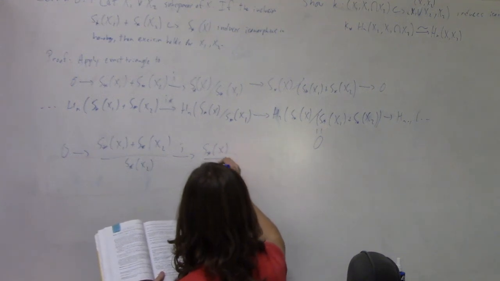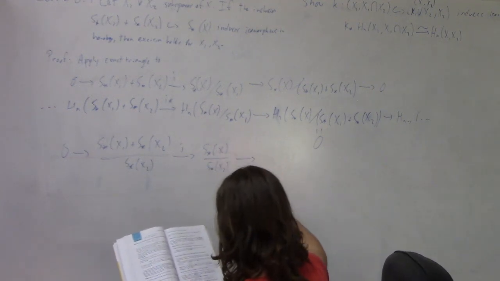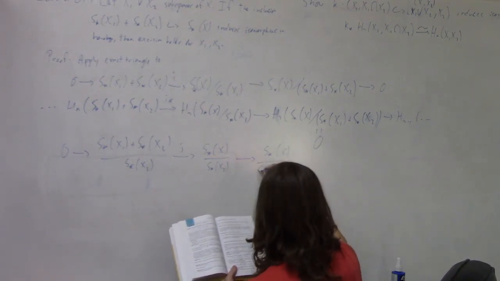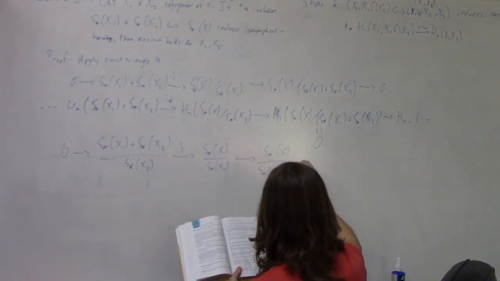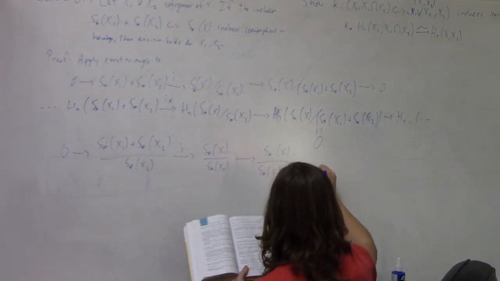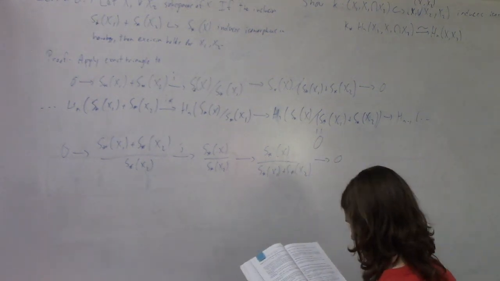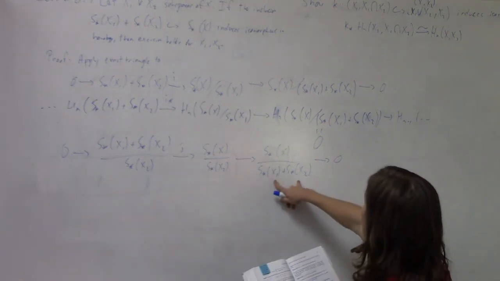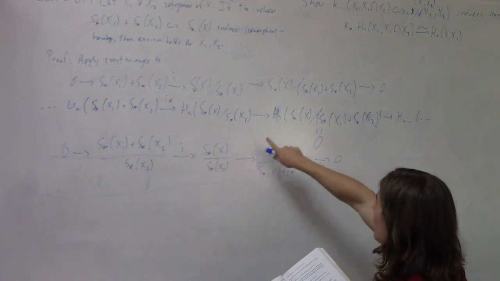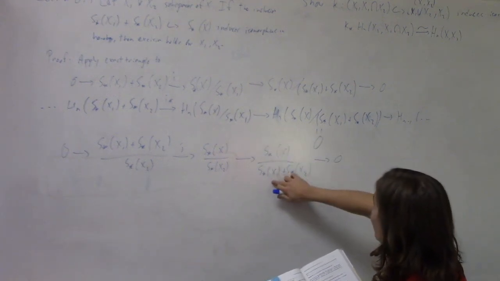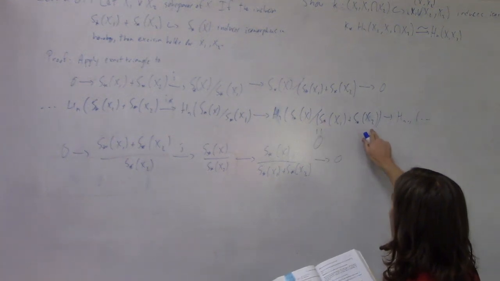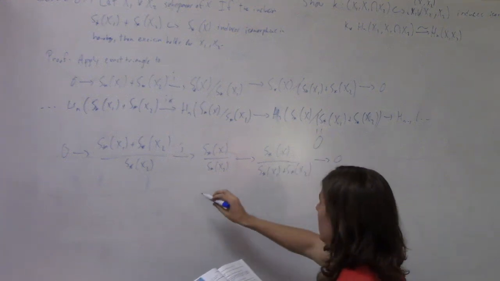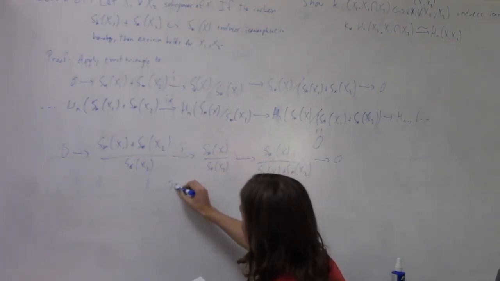Because this induces a long exact sequence, we're still going to have H_n of S star x mod this equal to 0, which tells us that J star is an isomorphism.